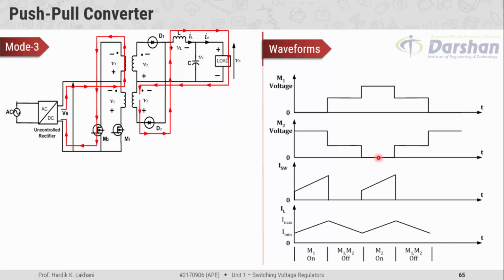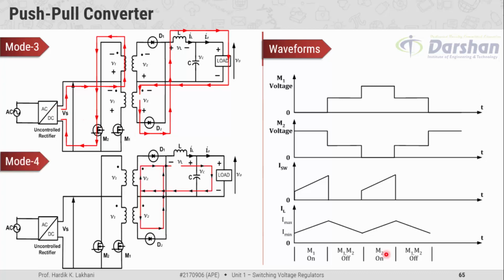is equal to 0, but voltage across MOSFET 1, which is in the off state condition, is equal to twice the supply voltage. The operation in mode 4 is exactly the same as operation of mode 2.